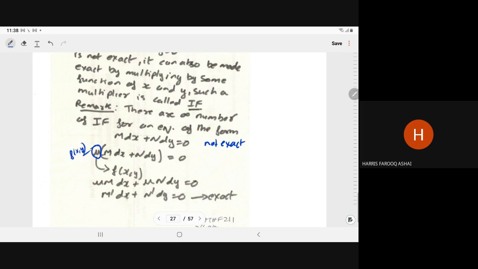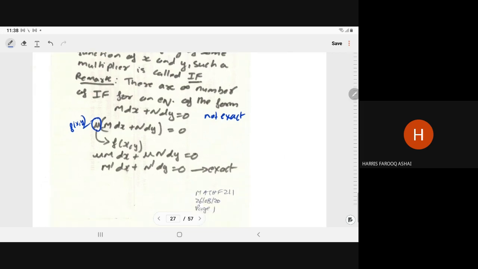Now it becomes mu M dx plus mu N dy. We write it as M dash dx plus N dash dy, and this will be exact. If this is exact, then this mu is termed an integrating factor.